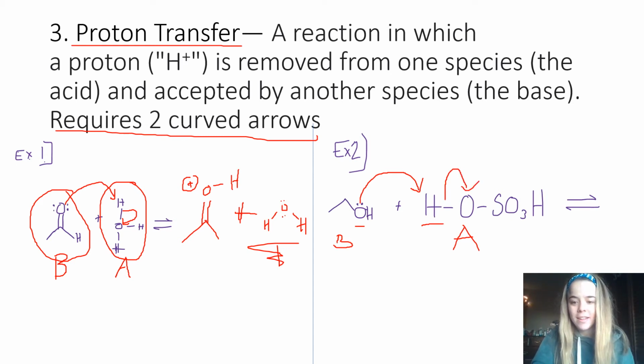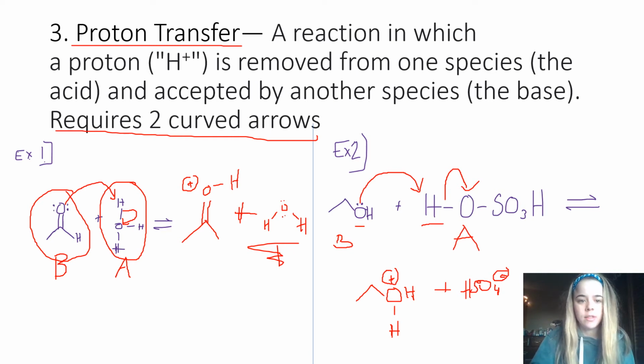Don't forget that, as I almost did. And so this will form a positively charged oxygen, as it is now bonded to the hydrogen here, and forms that bond. Plus now it's going to be HSO4 minus, as we have to add those oxygens together in this reaction.